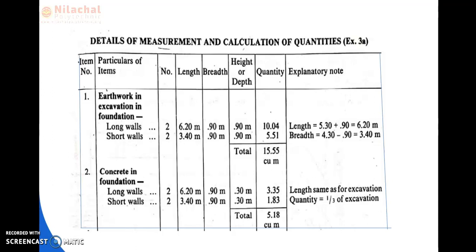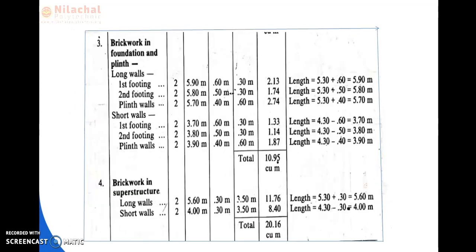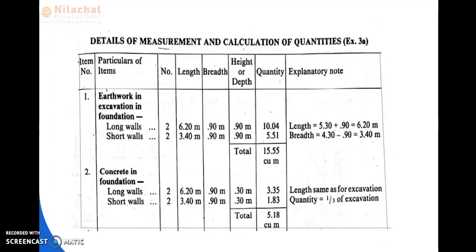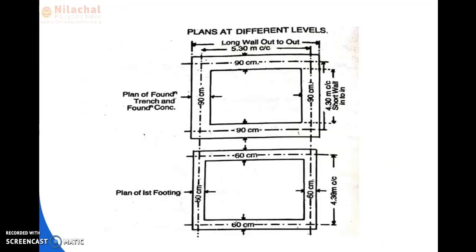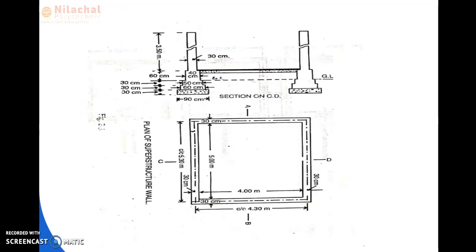Then we go into the next part. Brickwork in foundation and plinth. Third item, brickwork in foundation and plinth. Here we calculate the brickwork required for the foundation and plinth. In the foundation, the brickwork consists of first footing, second footing and plinth.